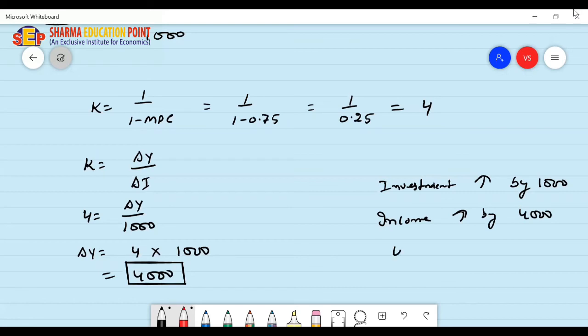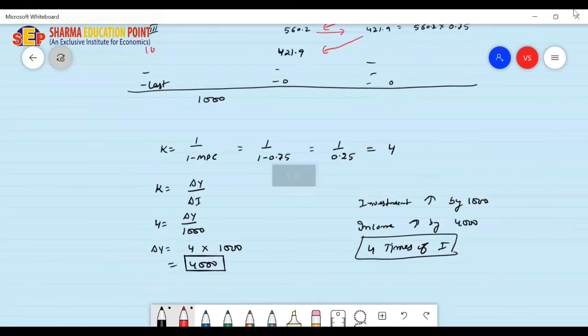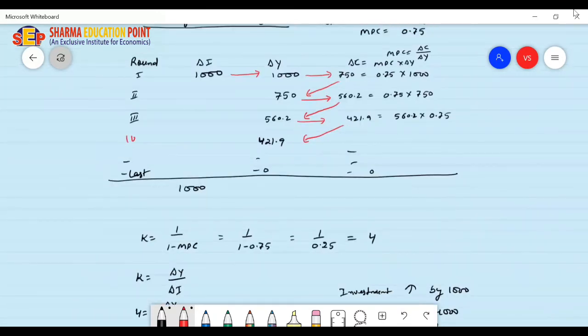That means 4 times of investment. So this is the multiplier. So look again what the summary is this. Now 4000 you will have to write here as 4000 delta I, and here will be the answer now 3000 if you multiply like this. So this is the working process of investment multiplier.